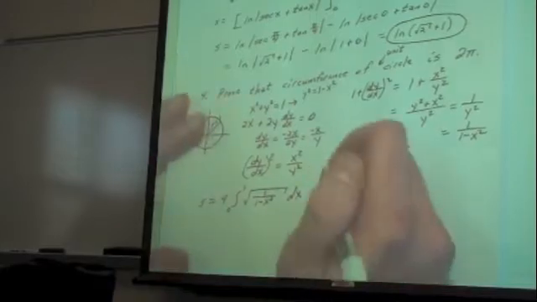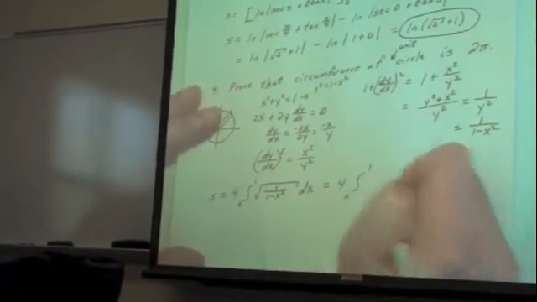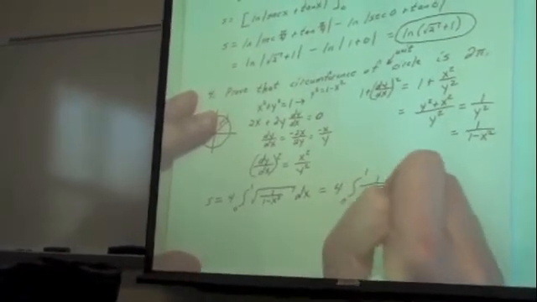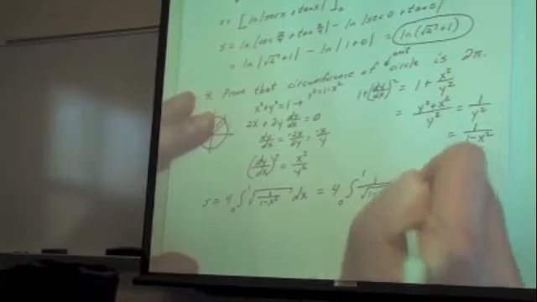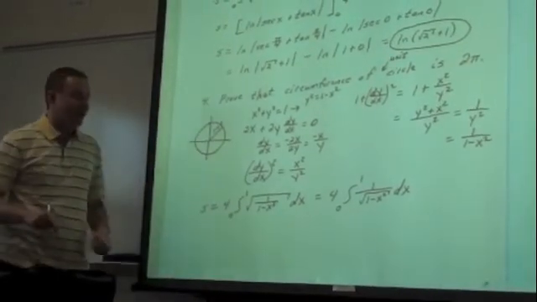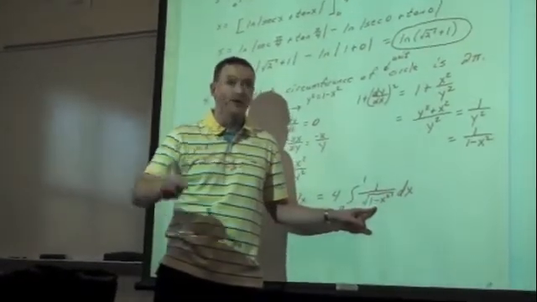So this is going to equal 4 times the integral, 0 to 1, of 1 over the square root of 1 minus x squared. Does that ring a bell? Inverse sine of x. The derivative of inverse sine of x is 1 over the square root of 1 minus x squared.